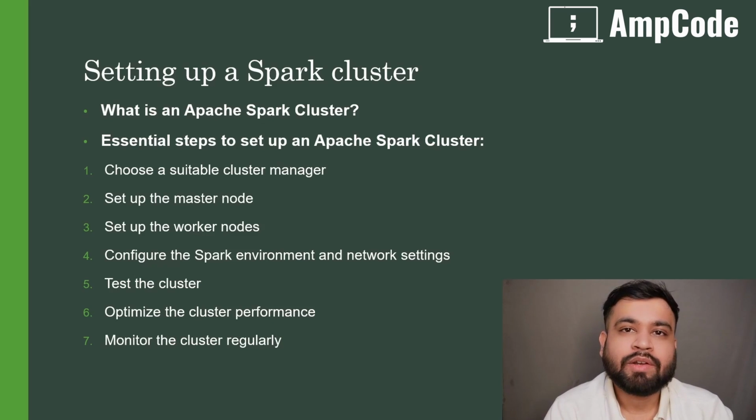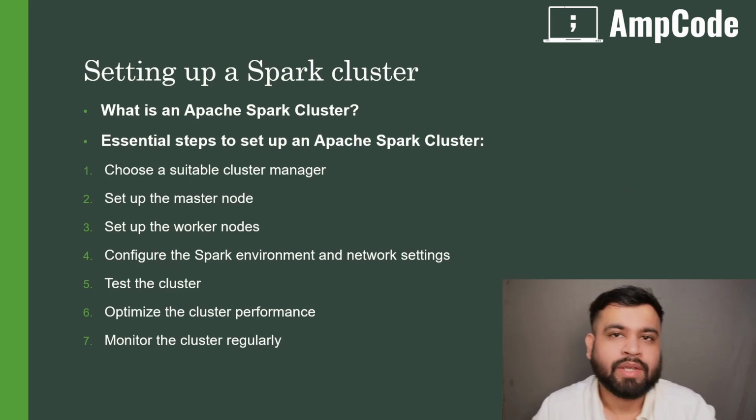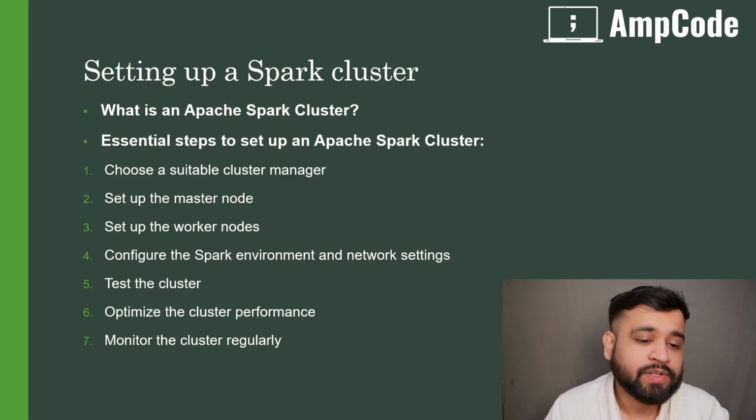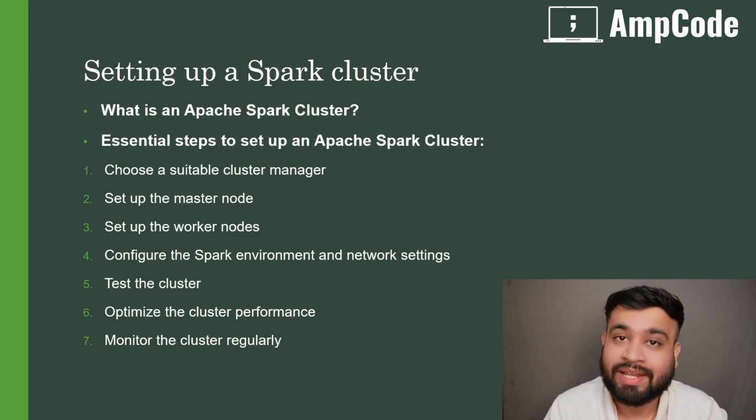Once you choose your cluster manager, you have to set up your master node. The master node is nothing but a machine which acts as your master. On your master node, the first step is to install Apache Spark on that machine, and after that you have to set all the configurations. First, you set up a variable for Apache Spark home, where Apache Spark is installed on your system, and you can set all this configuration for your cluster manager in the spark-env.sh file.